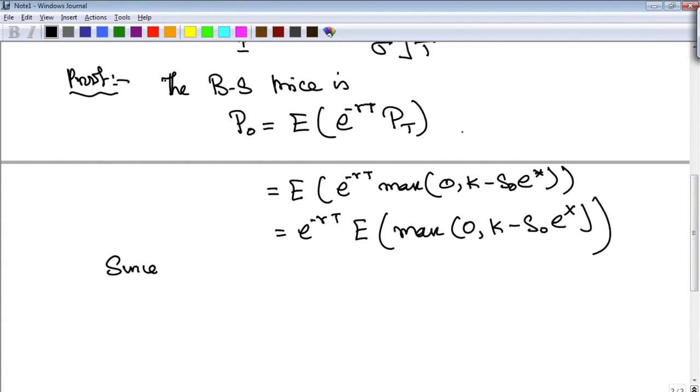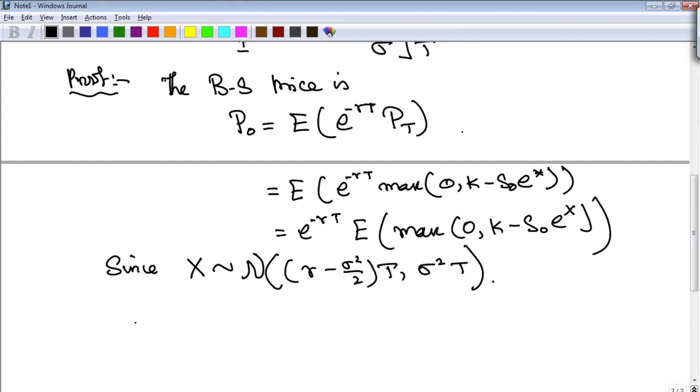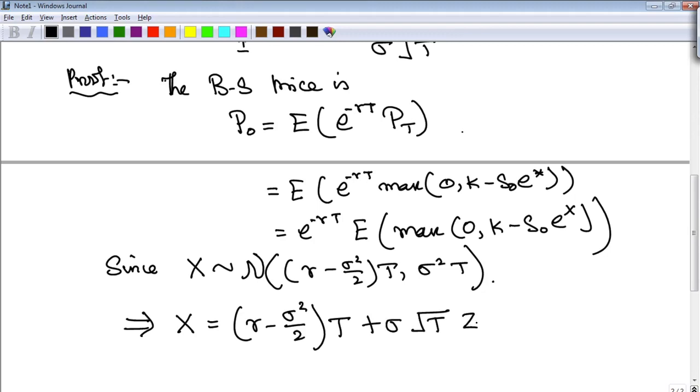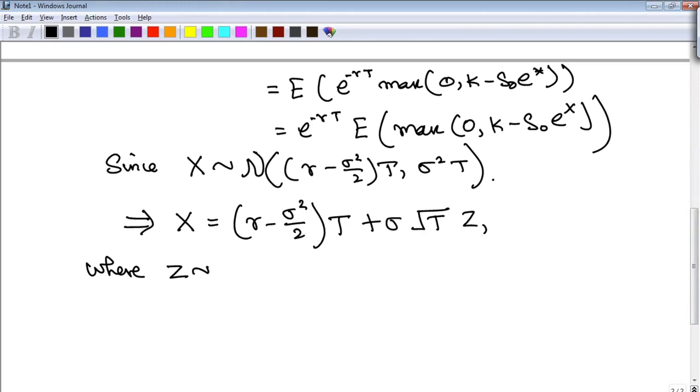Recall that x is normally distributed with mean r minus sigma square by 2 into T and variance sigma square T. Therefore, x can be written as r minus sigma square by 2 into capital T plus sigma root T into Z, where Z is a standard normally distributed random variable.